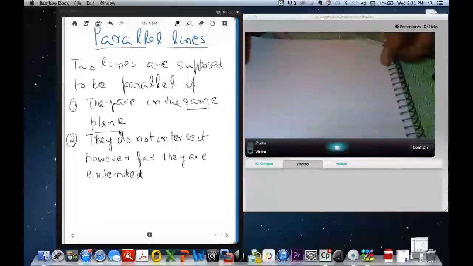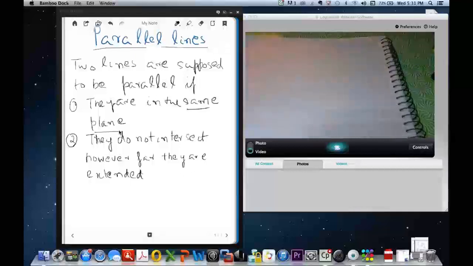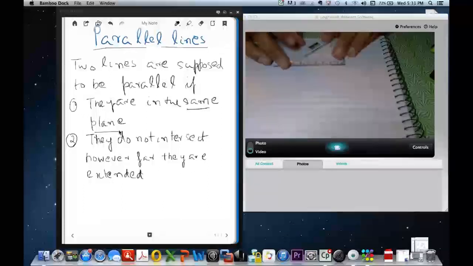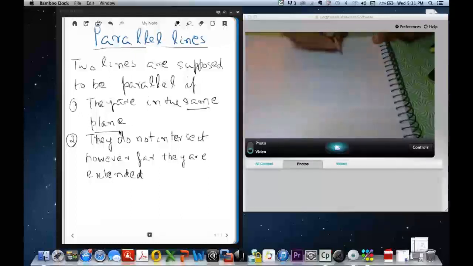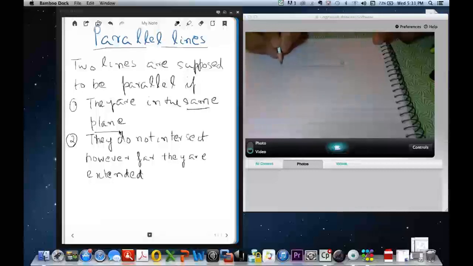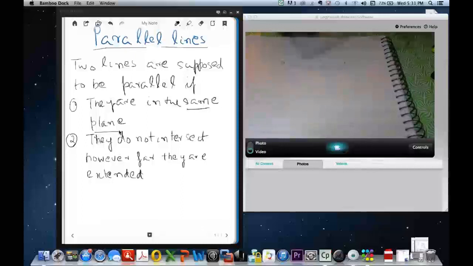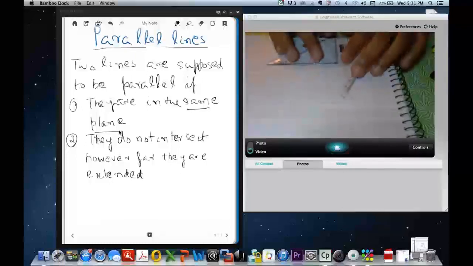Now let us take another scenario where I'm going to draw two parallel lines. I'm drawing a line here first. So here is one line. I define this line as AB. And I'm going to draw a line which is parallel to this line.